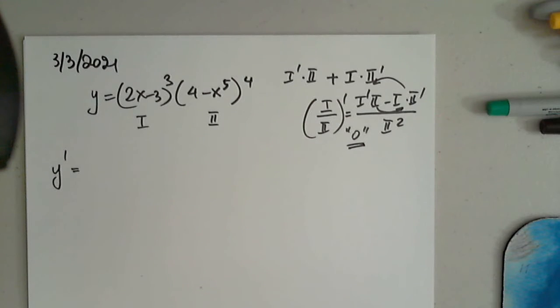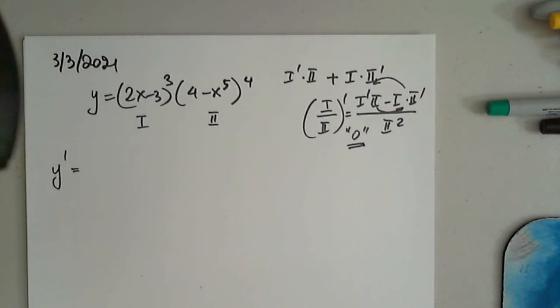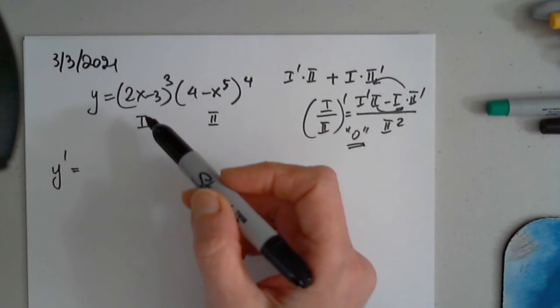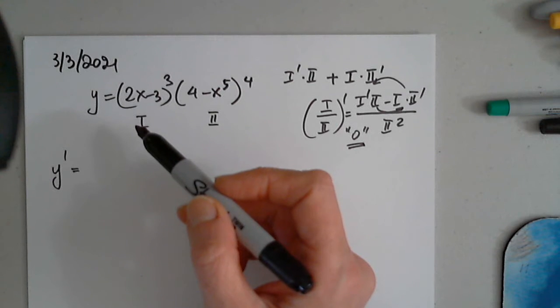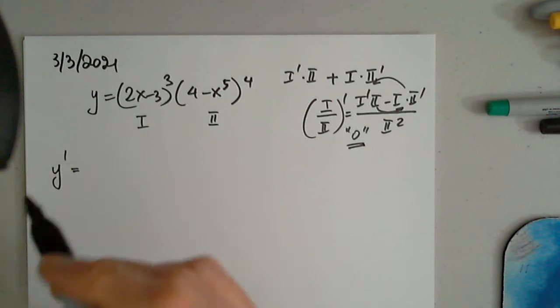Be very careful. Okay, so I differentiate the first function. Can anyone tell us how to differentiate it? How do I differentiate 2x minus 3 cubed?